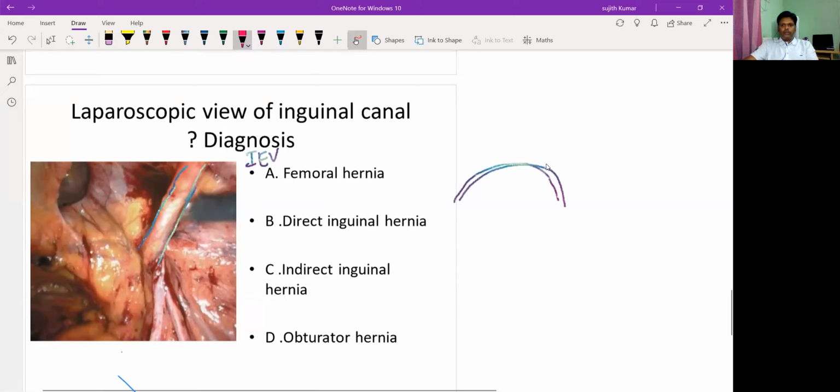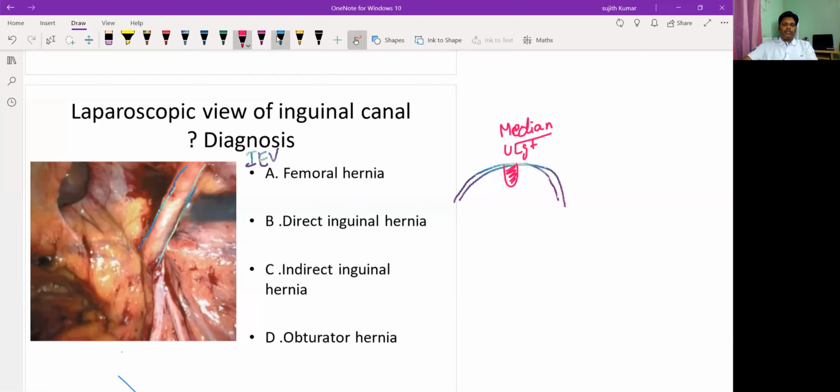You have three ligaments or folds. This one in the midline is called the median umbilical ligament, which is nothing but the obliterated urachus.